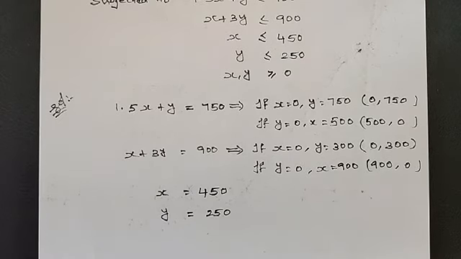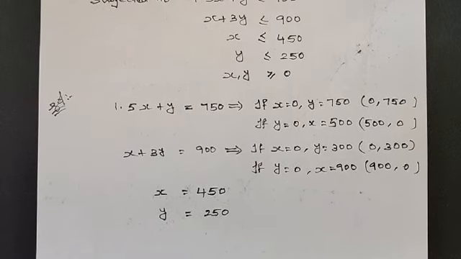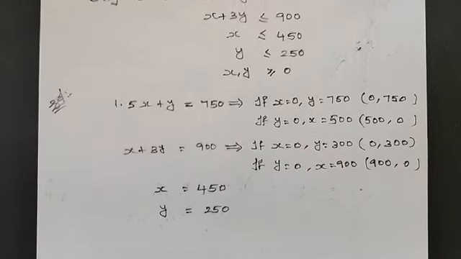Now these are the four constraints given to us. Now we need to solve these four constraints with the help of the graphical method. So now we have to draw the graph for the problem. How to draw the graph?